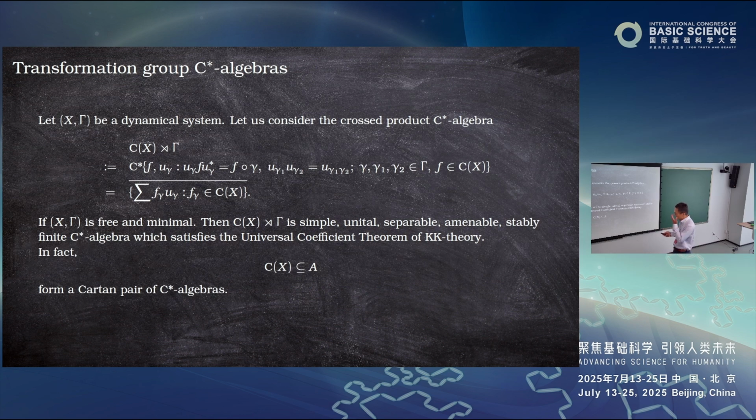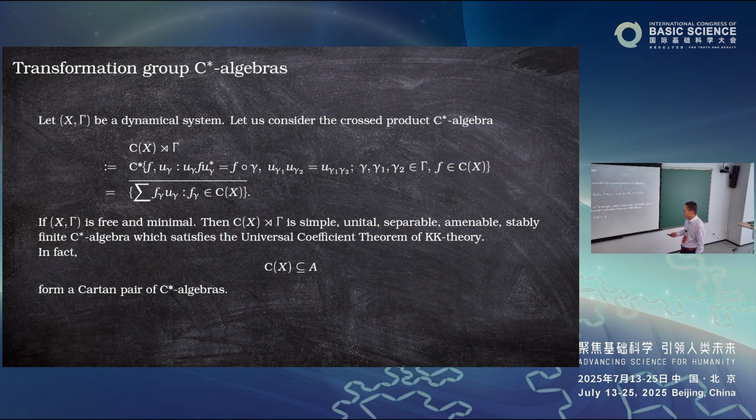From this construction, we actually do not just get this C-star algebra. We actually get a pair of C-star algebras. We have the C-star algebra A. This is a big, simple C-star algebra. It's big. It's an ambient C-star algebra. It's complicated, interesting, and then there is this C of X you start with.